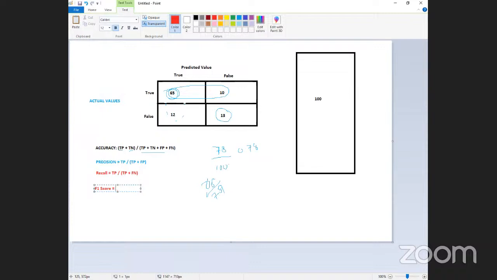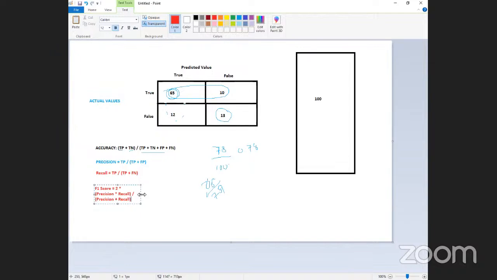We calculate it this way: 2 into precision into recall, divided by precision plus recall.